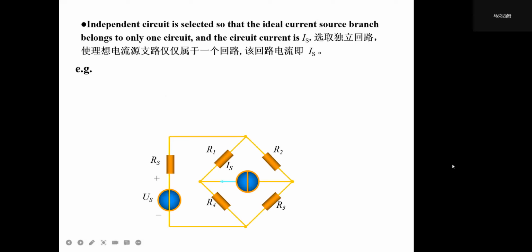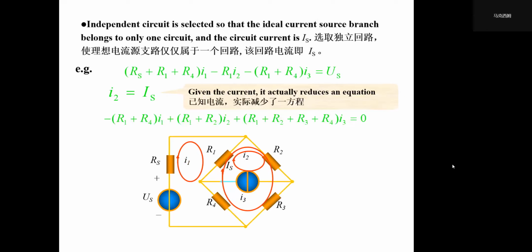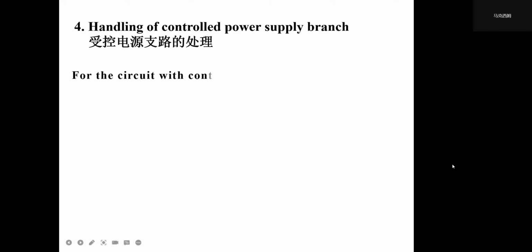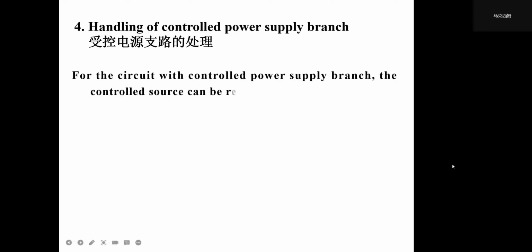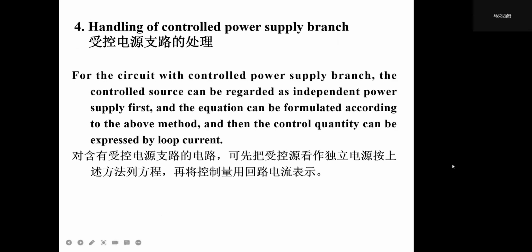And we also know that if you have a circuit that contains branches which have controlled sources, first we should consider the controlled source to be an independent source. But we must add a supplementary equation to express the voltage and current relationship of the controlled source.